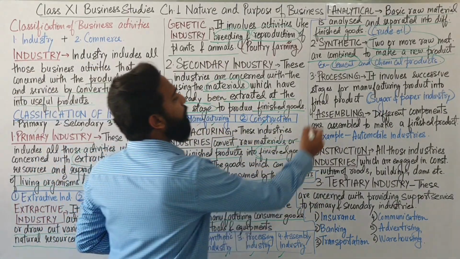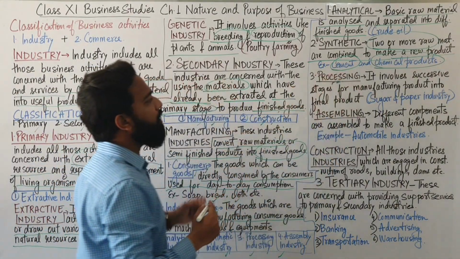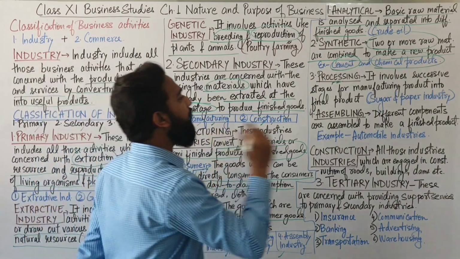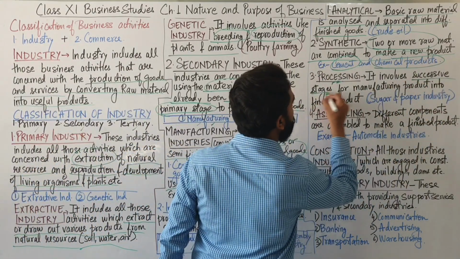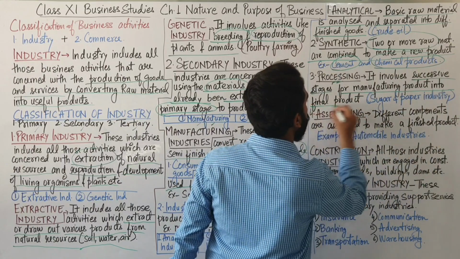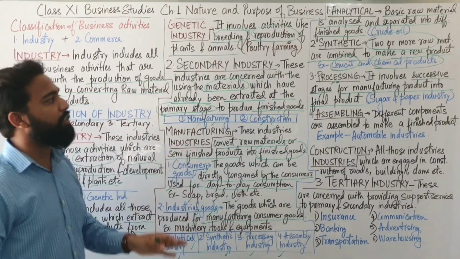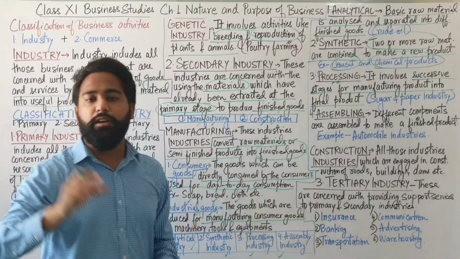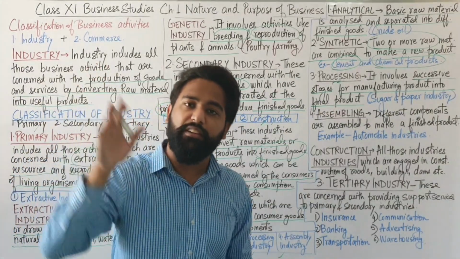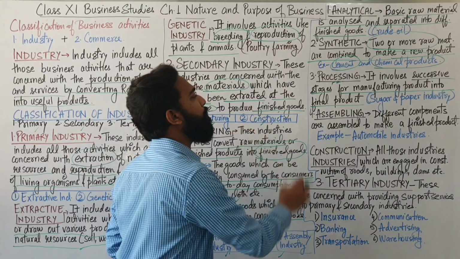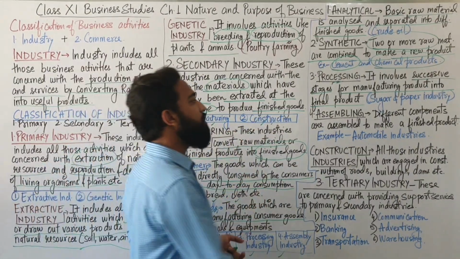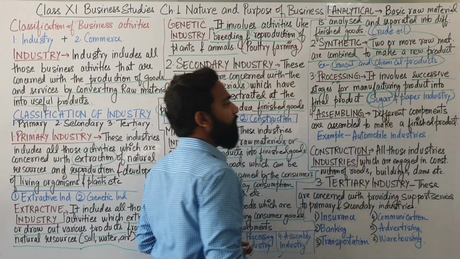The next one is processing industries. Under this industry, there are several successive stages for manufacturing products into final products. The goods are produced in several stages and then the final product comes out, like the sugar industry.